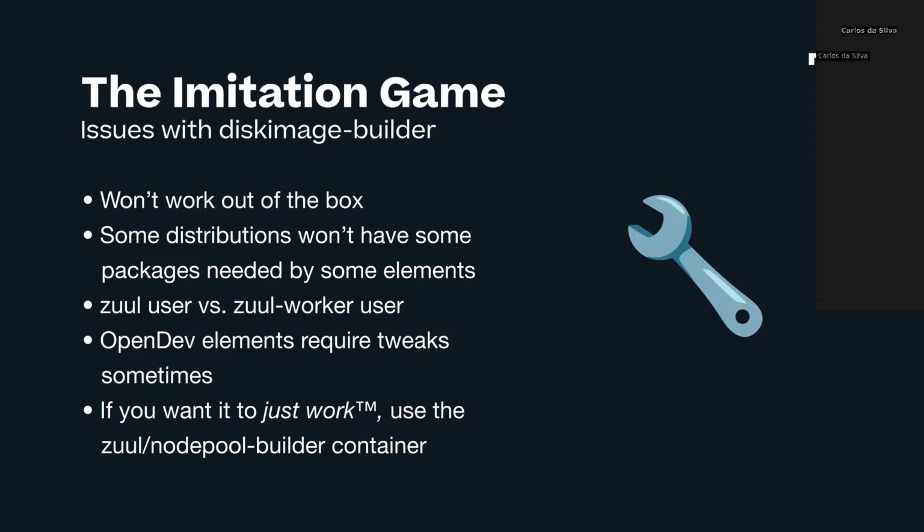But the Ubuntu minimal element requires the debootstrap package, and this is a Debian package, which was not available on CentOS. There are RPMs, but I believe they're from EPEL or something. So we made it work, but it isn't on the official CentOS repositories, and some other packages as well.